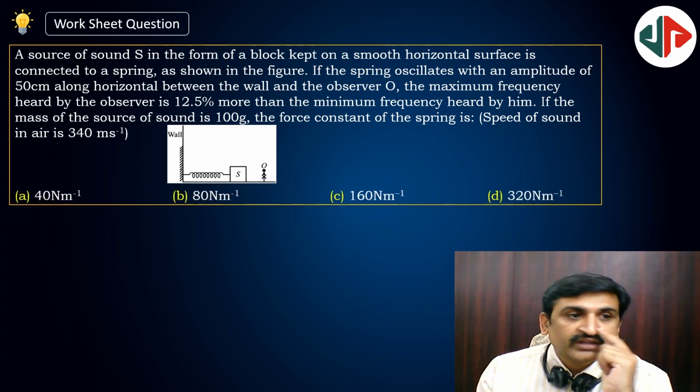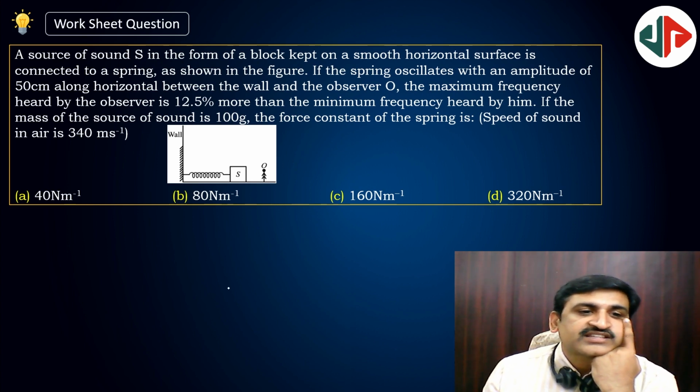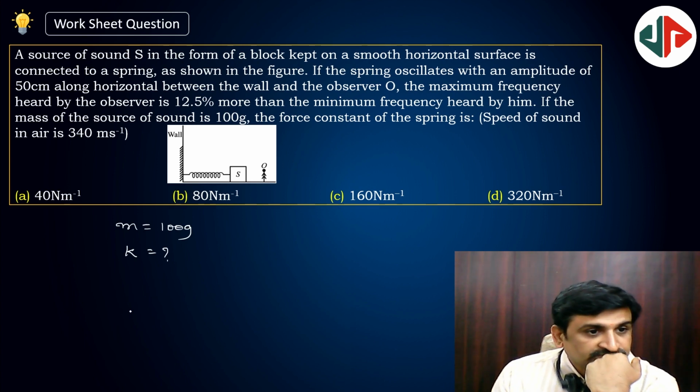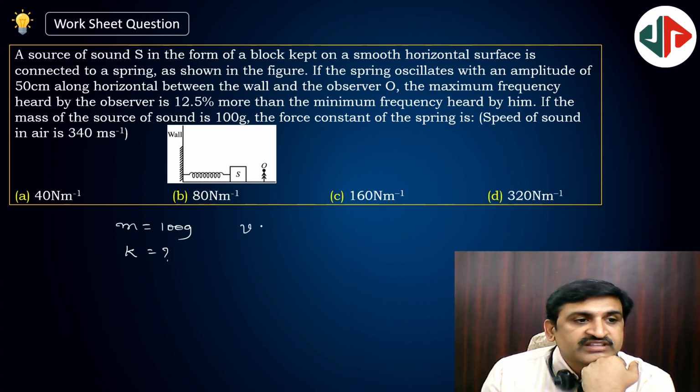If the mass of the source of sound is 100 gram, the force constant of the spring is equal to how much? Mass m is equal to 100 gram and force constant k is equal to how much? If I can have the amplitude, then I can get that one. So this speed V is equal to 340 meters per second.